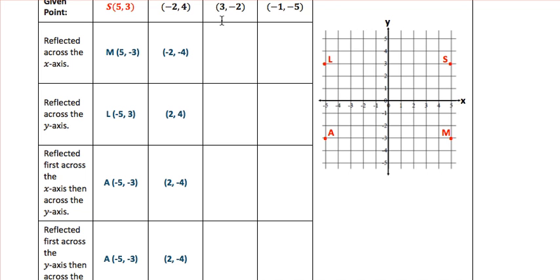Our next point, 3, negative 2, across the x-axis. Hopefully you're noticing the pattern. Would be 3, 2. Across the y-axis would be negative 3, negative 2.